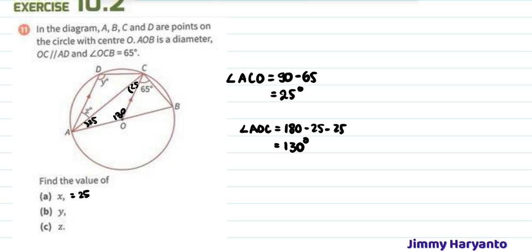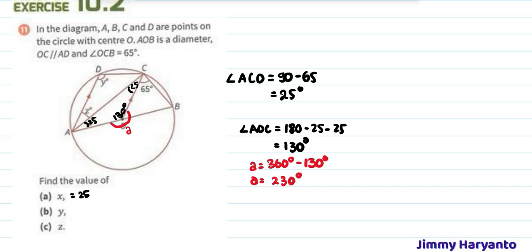So this one is 130 degrees, and then I want to find the opposite, the reflex angle of 130. Let's call this A. So A equals 360 degrees minus 130. A equals 230 degrees.